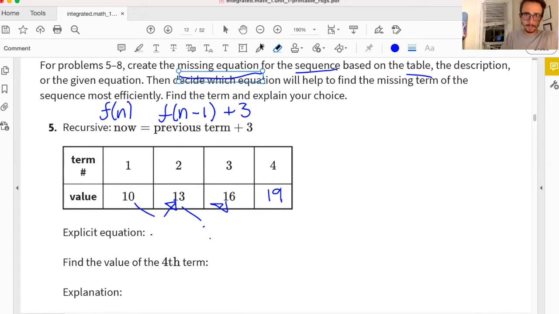The explicit rule talks about how this is going to be written using f of n and function notation, kind of similar to what I have up here, but really just focusing on something like y equals x plus 3. You have some options with how you could express this. You could take note that this is the first term. So how does that change up the explicit equation?